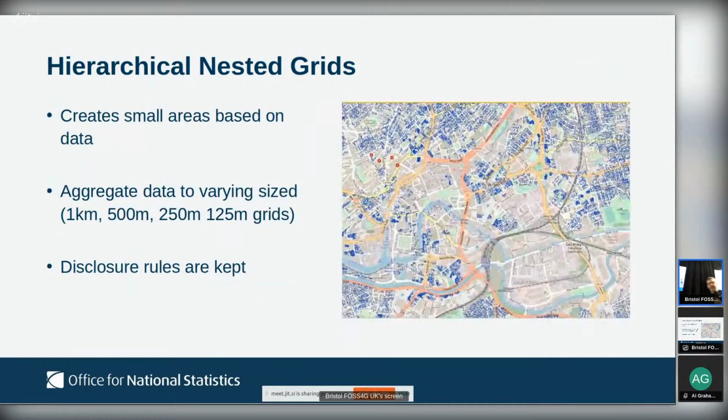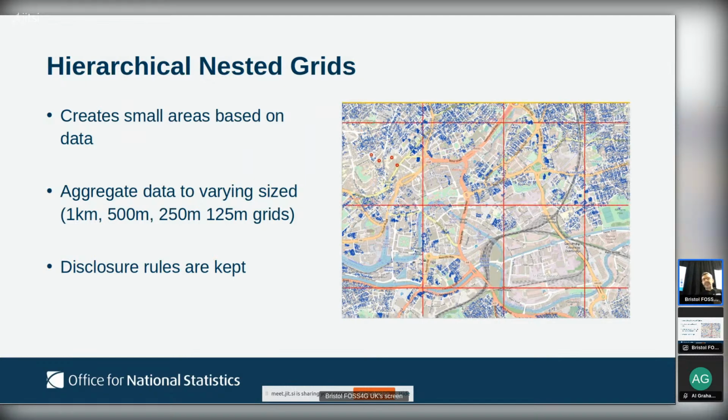So with these hierarchical nested grids that we've been working on, we are developing these areas based around the data itself rather than predefining the geometries before inputting the data. So we join the individual data to these 1 kilometer grid cells and then aggregate them up.